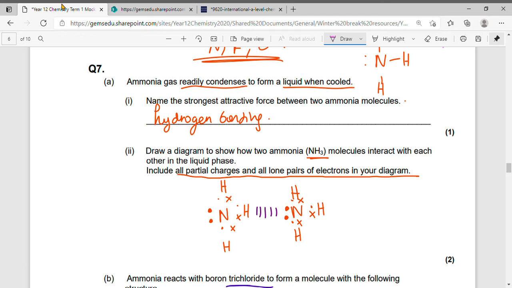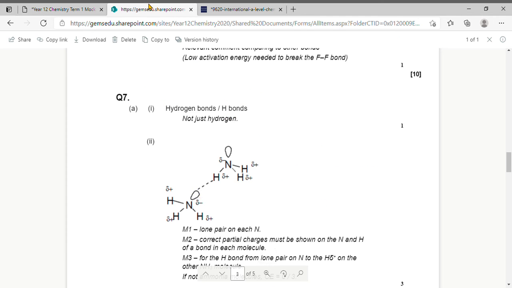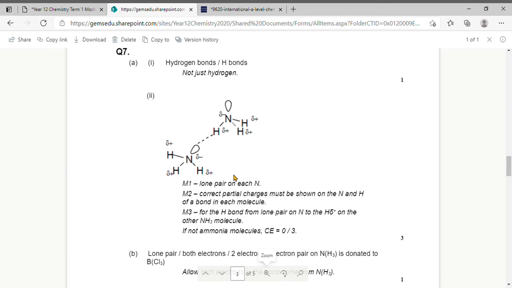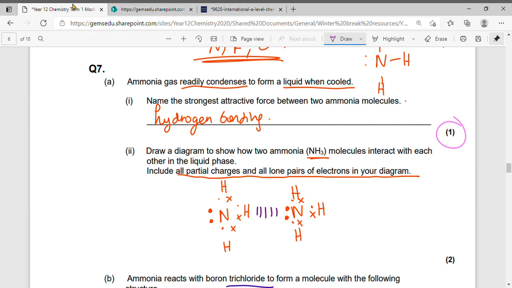Excellent. So this one I was a little bit confused by. Lone pair, correct partial charges for the H bond from lone pair. Okay. So we got 2 out of 3 for this one.